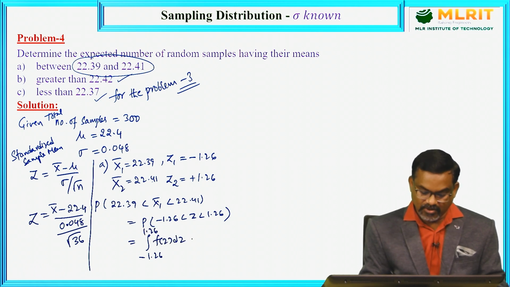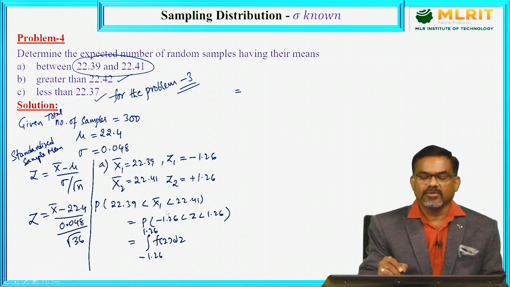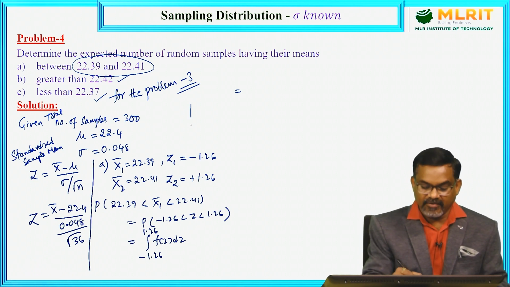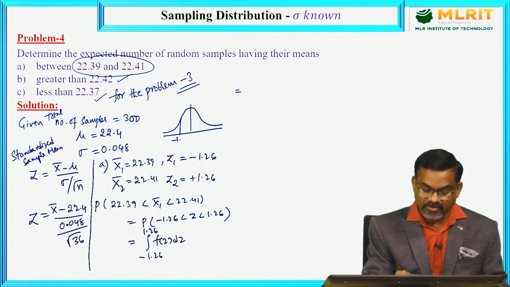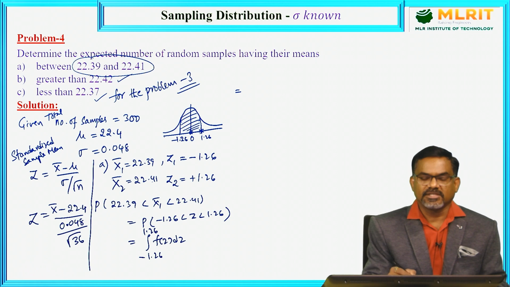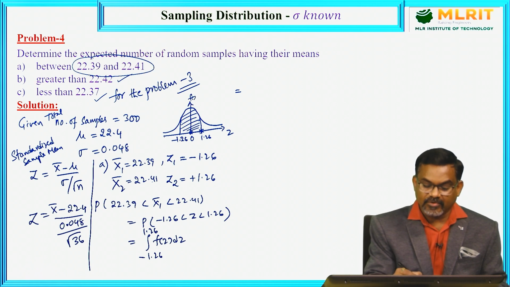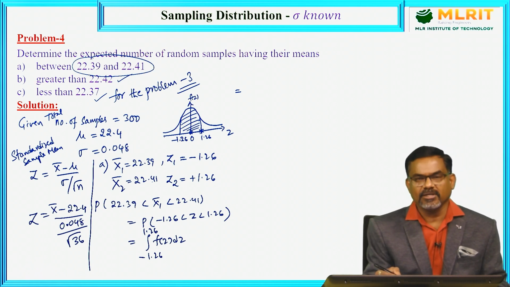So, this is equal to, between negative and positive values, there will be 0. If you draw the standard normal curve, this is minus 1.26 and here 1.26. We need to calculate this region, and here we have 0. The normal curve is symmetric about the y-axis, so the negative portion is equal to the corresponding positive portion.